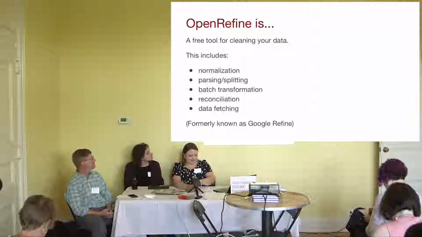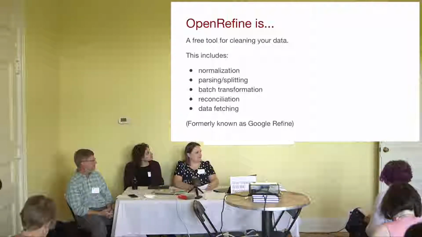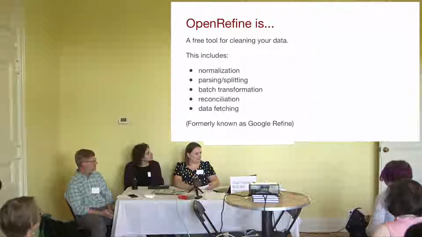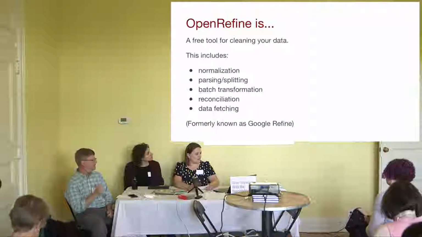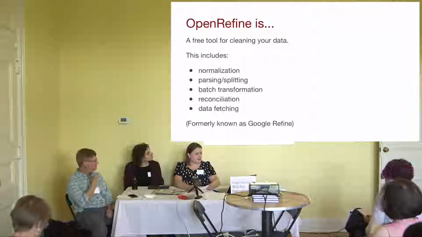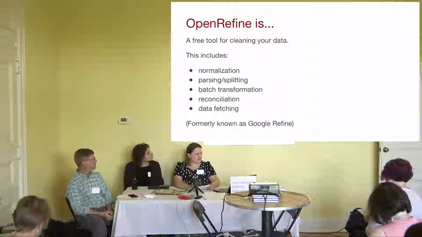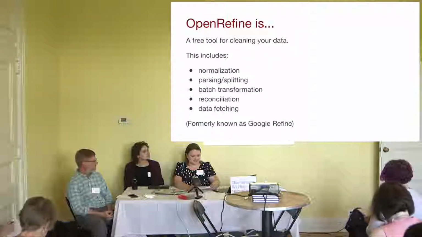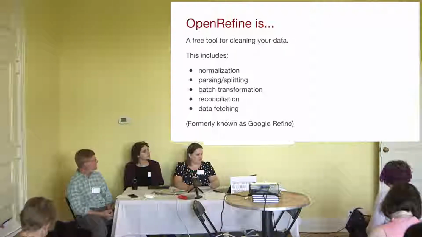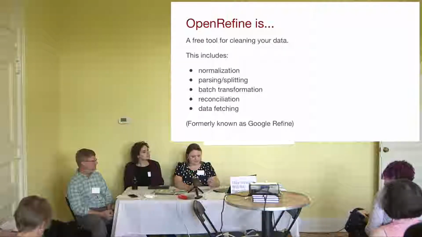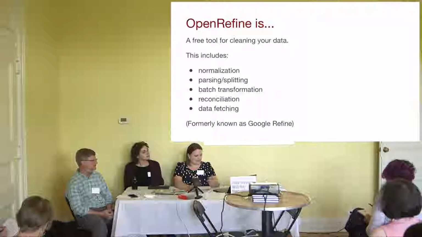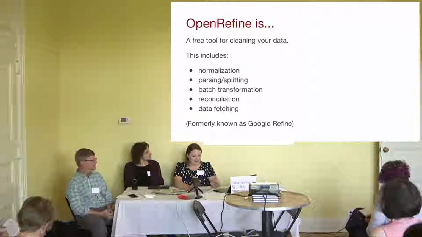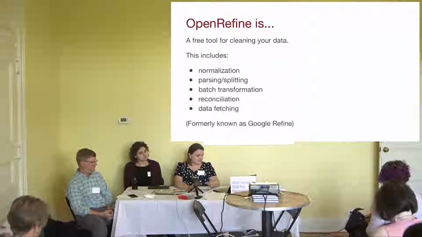OpenRefine is kind of like the Swiss Army knife for metadata librarians because it does a little bit of everything, and it's a lot more powerful than it looks when you first open it. We were able to use it for just about all of the normalization work we needed for accessions. It allowed us to normalize date formats. We could use facets and clustering to normalize and apply controlled vocabularies for things like extent types.